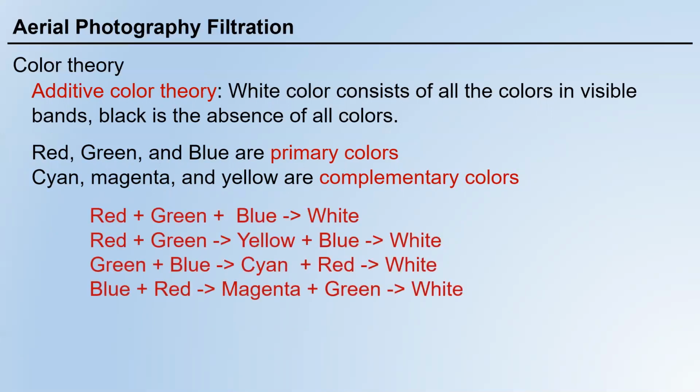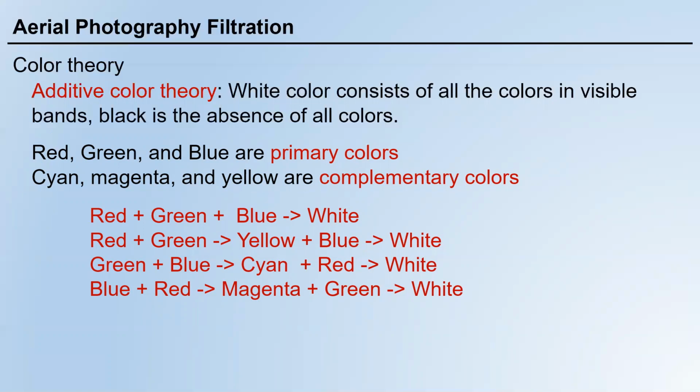Okay, so here we have some formulas for how to produce different colors. If we combine red, green, and blue together, they form white. If we combine only red and green, we have yellow. And yellow is the complementary color of blue, right? So once we have yellow, we add some blue, eventually we have white.